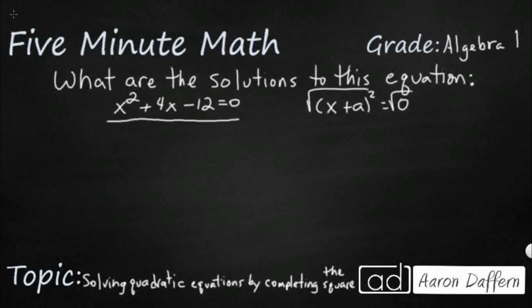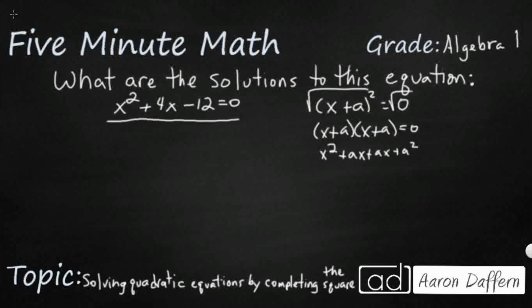So what is that (x plus a) squared if we were to FOIL that out? Well, that means (x plus a)(x plus a), right? So we're going to say that's going to be, FOIL it out, x squared plus ax plus ax plus a squared.